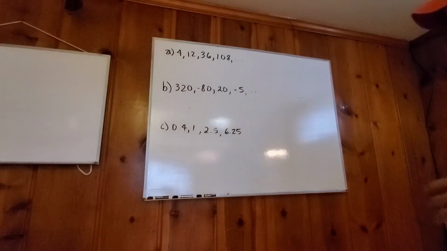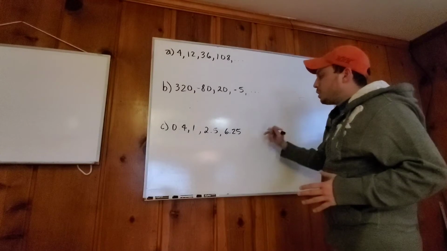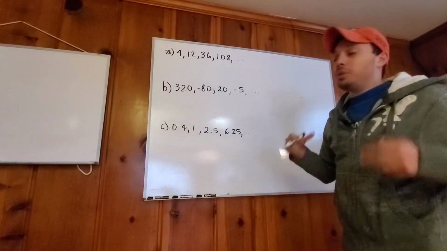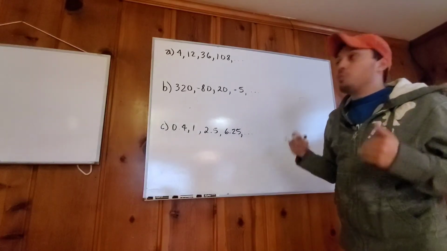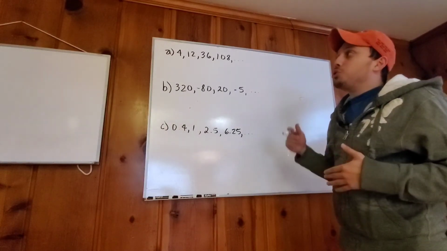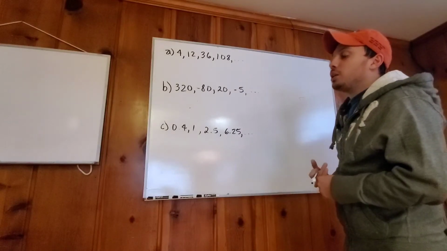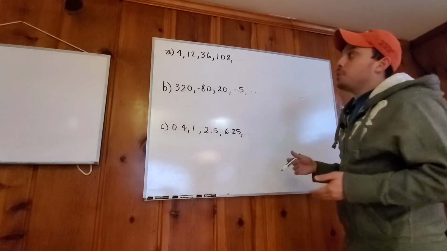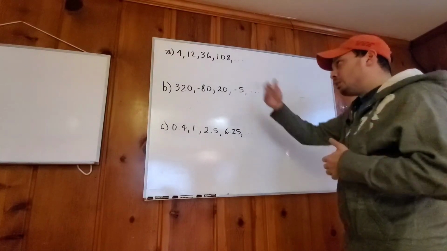All right, so in the first example, we have three different parts to the example, and all of them is find the common ratio. Okay, so because it's not an arithmetic sequence but a geometric one, we're not going to call it a common difference. We're going to call it a common ratio. And so let's just do it.